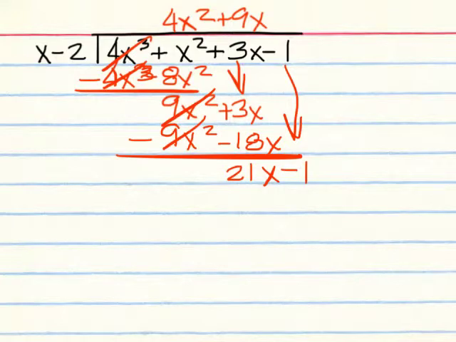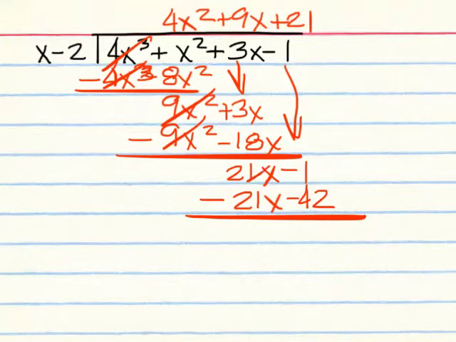Drop your minus 1. This times 21 would give me 21x. So 21 goes here, 21x, and this times this is a negative 42. Subtract, these cancel. Negative 1 minus a negative 42 is positive 41, and that goes up top.